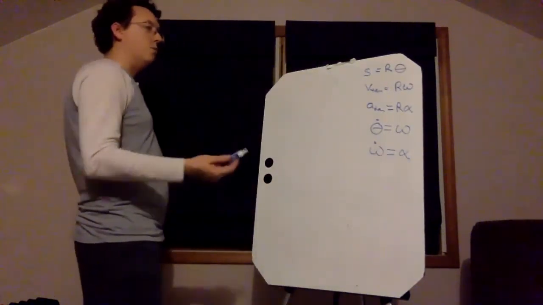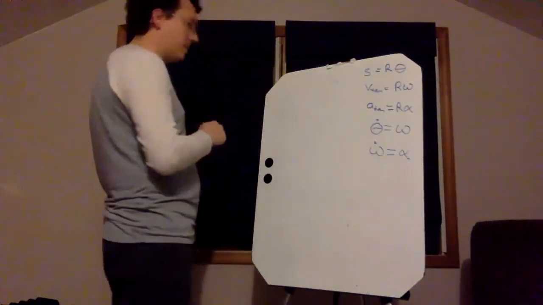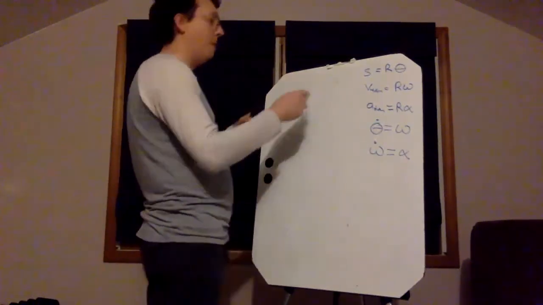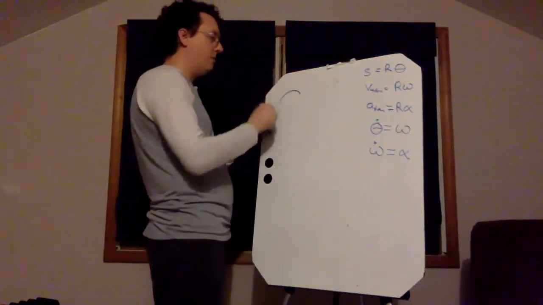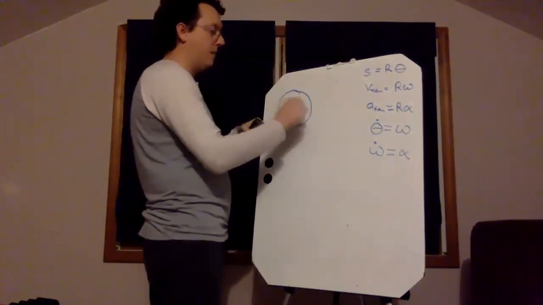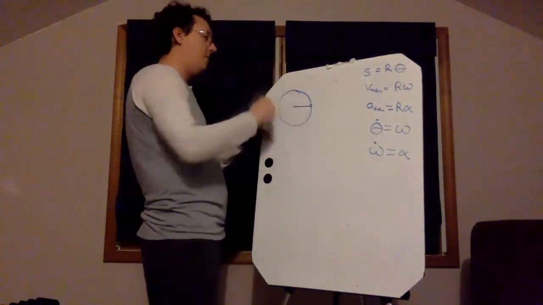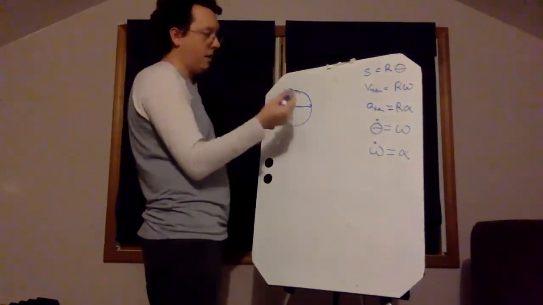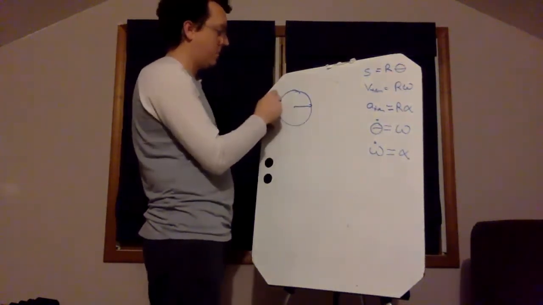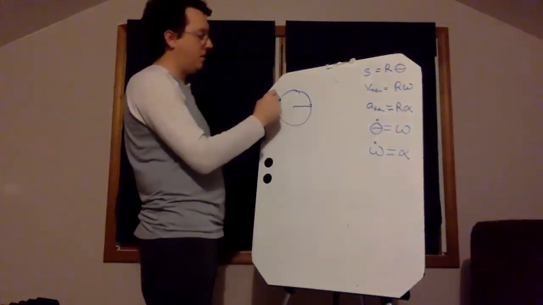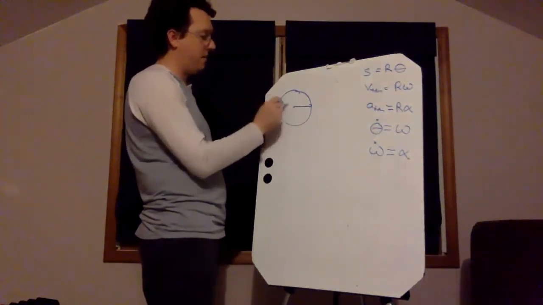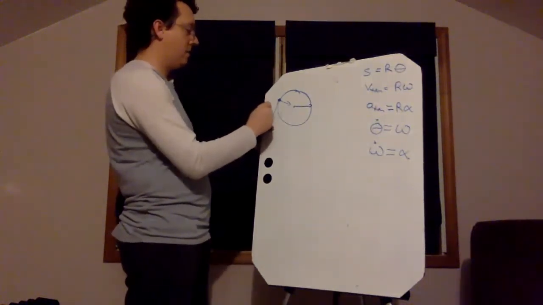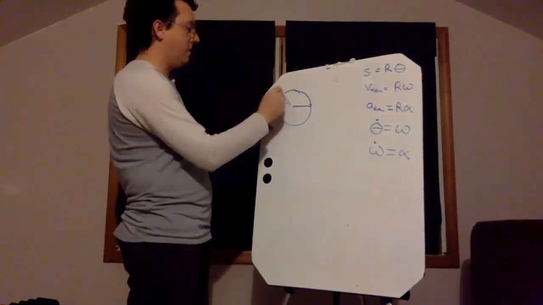Okay, so one place where we can use these relationships is to go back to our case of an object which is rotating, maybe with some radius. Remember, as you go around, you're at some point, and your acceleration tangent might be here, and your acceleration radial might be there.